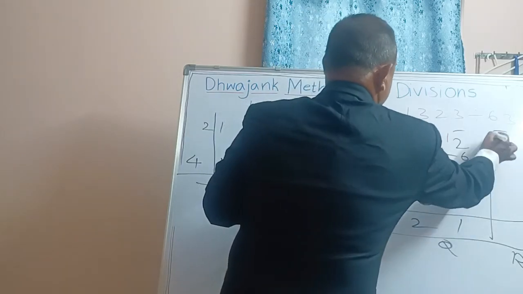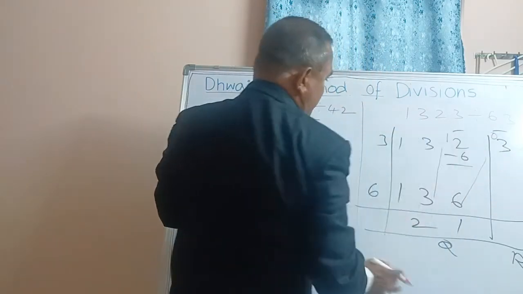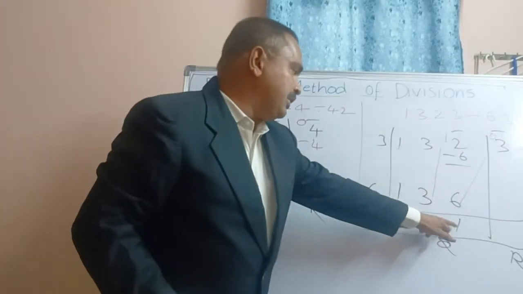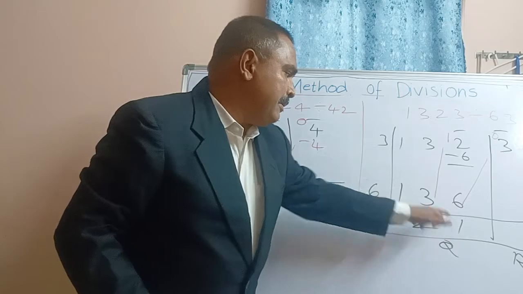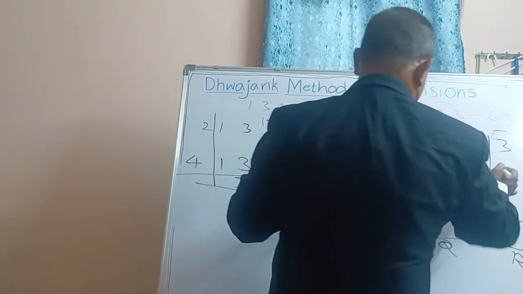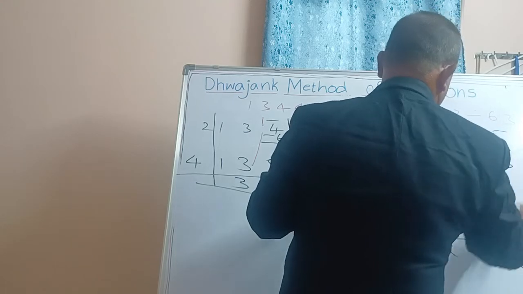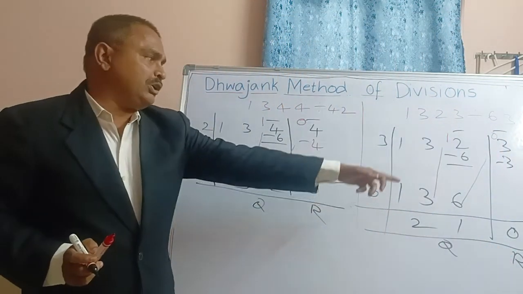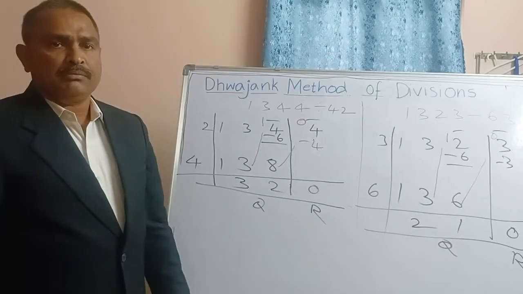Remainder is 0. Quotient is 1. Again we have quotient, we have flag number. Multiply quotient with flag number and subtract from next part 3. 1 into 3, 3. 3 minus 3, 0. 21 is the quotient, 0 is the remainder.